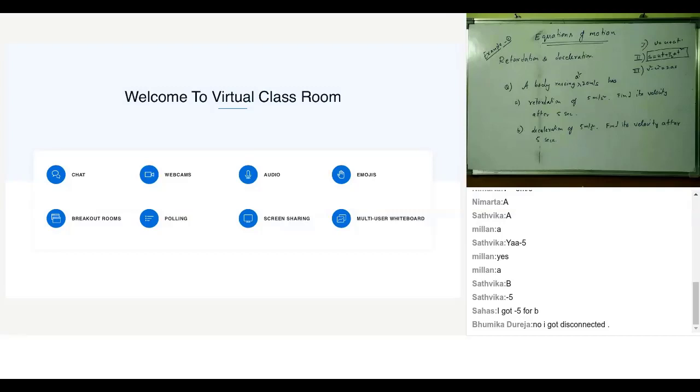We are trying to find the difference between them. If I have to say that only one of them is correct, which one would be your option? You're moving in a car, you press the brakes. Then is your car retarding or decelerating? Okay. Retarding would be the more appropriate word.